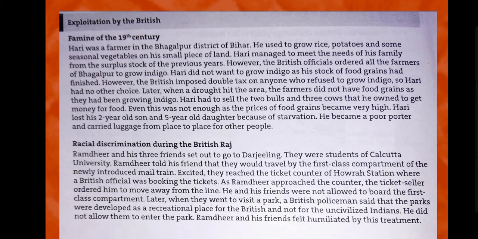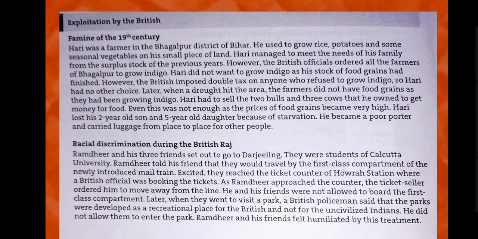However, the British officials ordered all the farmers of Bhagalpur to grow indigo. Hari did not want to grow indigo as his stock of food grains had finished. However, the British imposed double tax on anyone who refused to grow indigo. So Hari had no other choice.